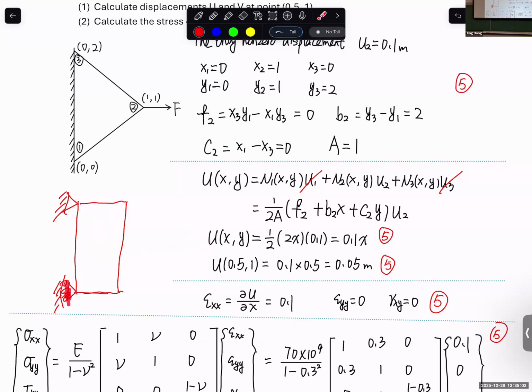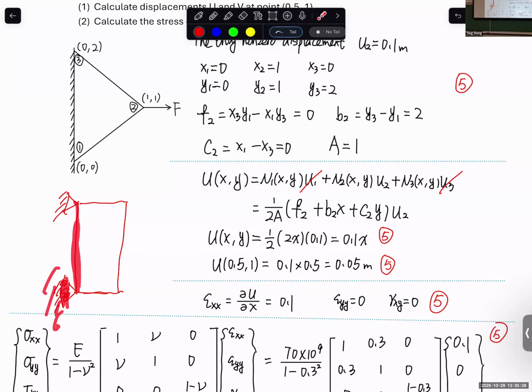If it's roller support here, it allows contraction. So there is strain in the y direction. You can calculate strain based on the Poisson ratio, but the stress should be 0, right? Now I change this roller support to pin joint. So now the strain is 0 because this dimension cannot change.